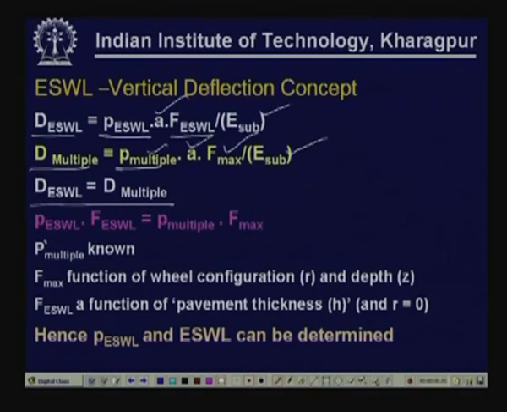Equating these two, we will get this pressure multiplied by deflection factor for both the systems. Like in the earlier case, we know multiple system P, F maximum has to be evaluated for the given configuration. F equivalent single wheel load is a function of thickness, since R is 0. Once we get this value, we can calculate the corresponding equivalent single wheel load.